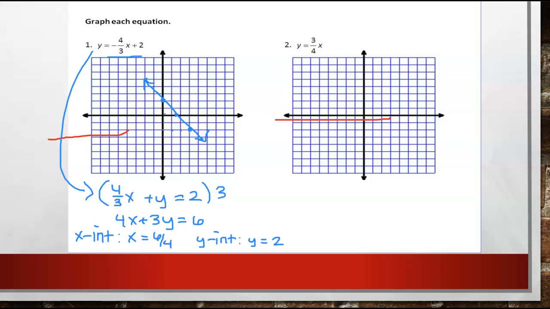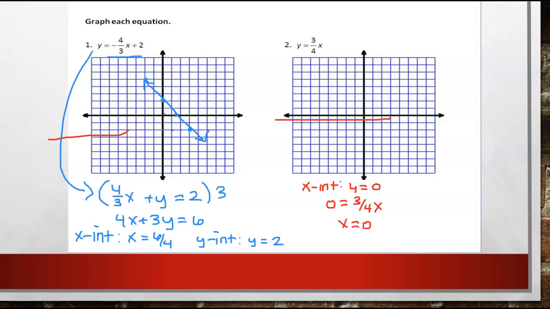Okay, an example 2. Again, you could find your x and y intercepts by just plugging in the zeros. So if I plug in y equals 0 and solve for x, you get 3/4 x equals 0. Well, we know the only way to get a number equal to 0 is to multiply by 0.